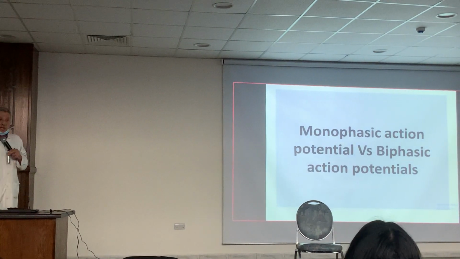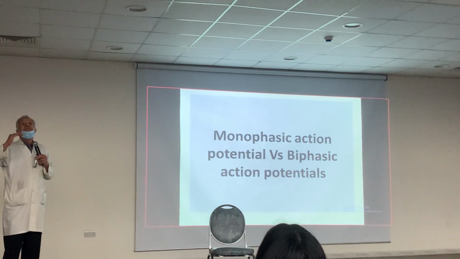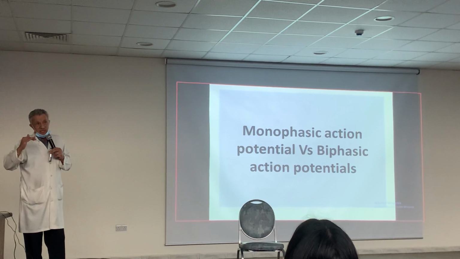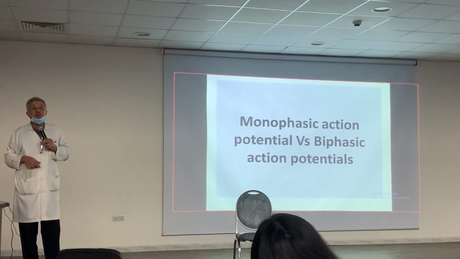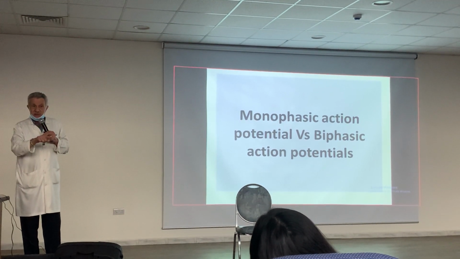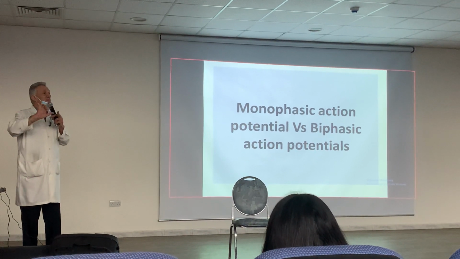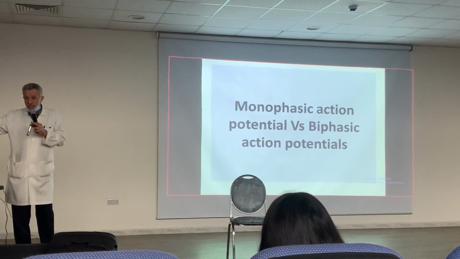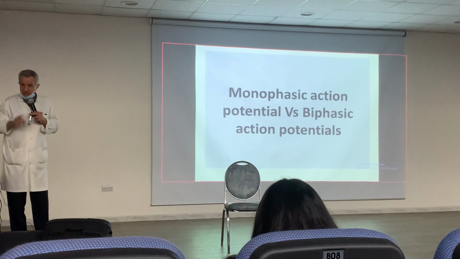Okay? Now, so far, we have recorded the membrane potential, and the changes in that membrane potential during action potential, by placing one electrode inside and one electrode outside. So we have measured the potential differences over time. In the x-axis you have time, in the y-axis you have voltage changes.